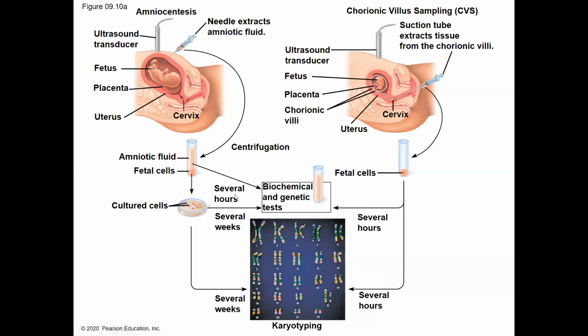And you can see it can take several hours to several weeks to get a biochemical or genetic test, compared to CVS testing, where you have to go all the way into the uterus and the placenta, where they will take a sample of the chorionic villi here. And then this is actually a very fast test. It takes just several hours to get a karyotype.